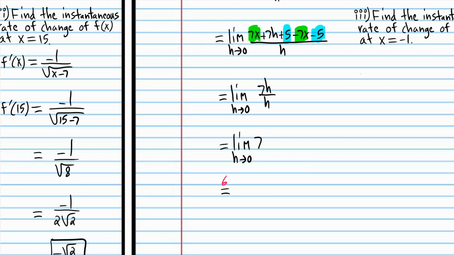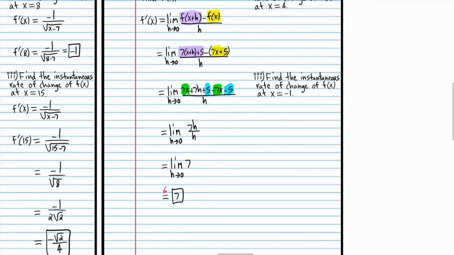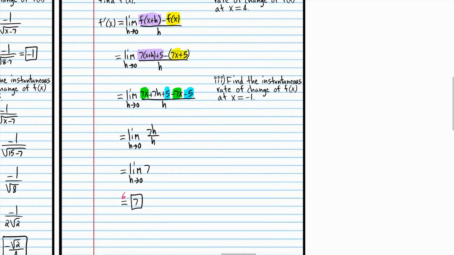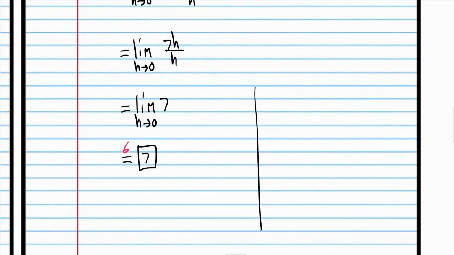If you didn't write the 6, that's okay, but the limit of a constant is just equal to whatever the constant is. So again, if you were to graph that, it would be a horizontal line at y equals 7, and as h approaches 0, if h is on the horizontal axis, the dot just approaches 7.